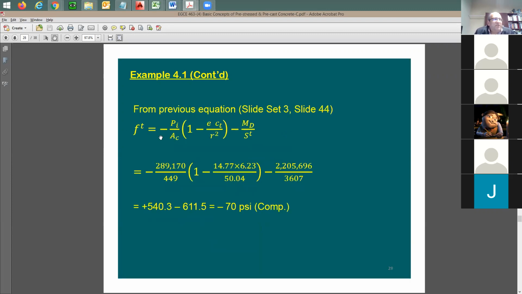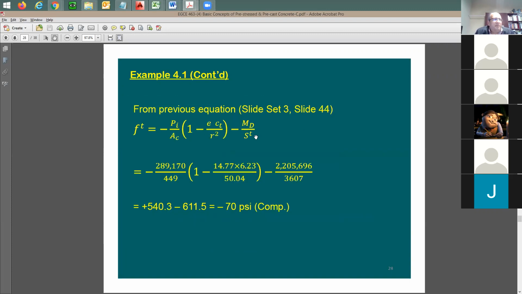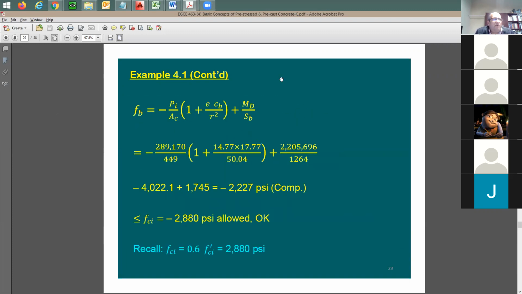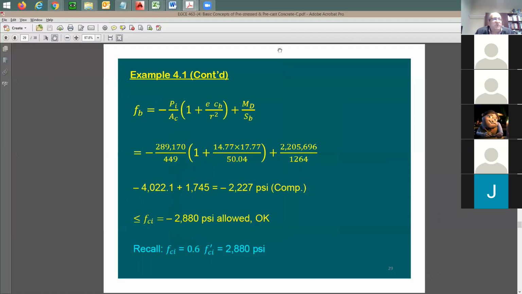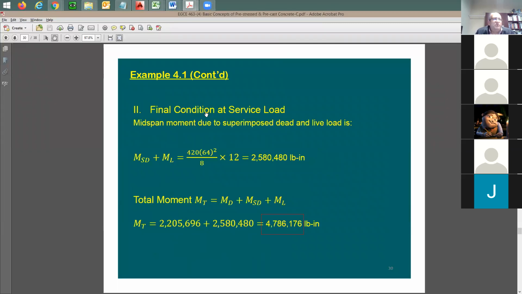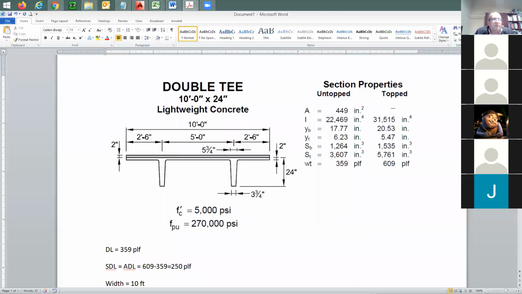For this stress equation, F top and F bottom, if you recall, F top and F bottom for the dead load only. We have done this only for the untopped. Now the pre-stress force is already there, right? This PI and PE, we did this already. And look which AC should I use here. It's going to be the untopped, correct? It's going to be this one, 449.